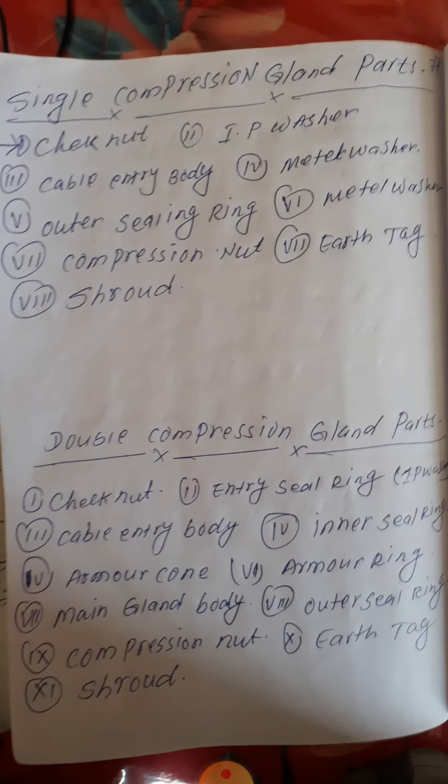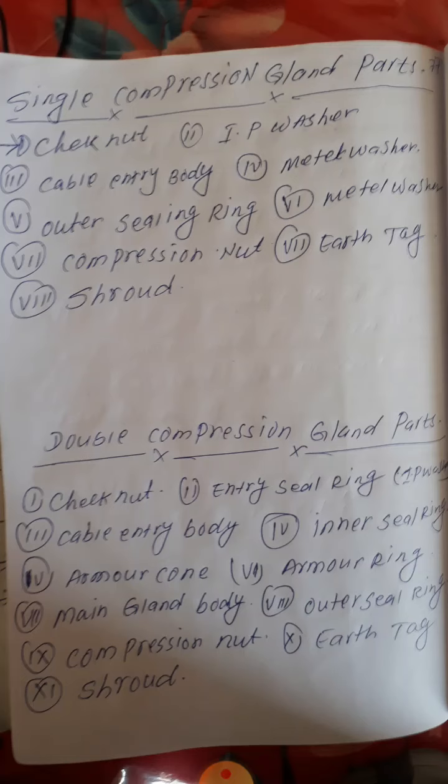And double compressor also has the same but a few more parts inside. Same like that, first one check nut, next entry seal ring. Okay, next one is cable entry body, inner sealing, and next one armor cone, armor ring, main gland body or outer shell ring, compressor nut, earth tag and shroud.